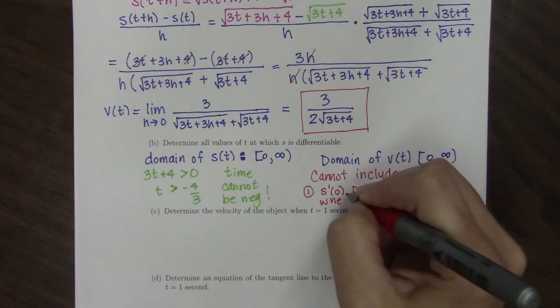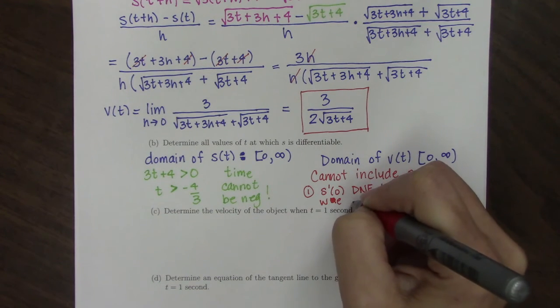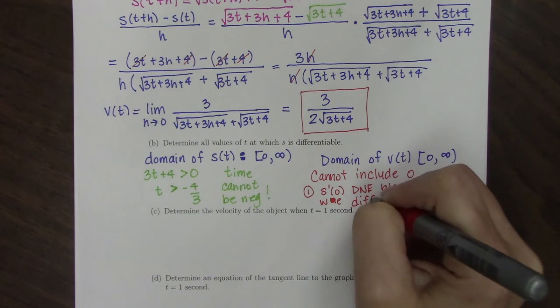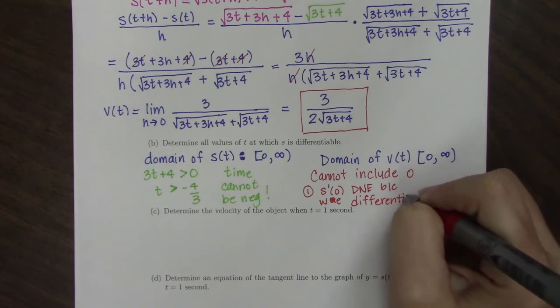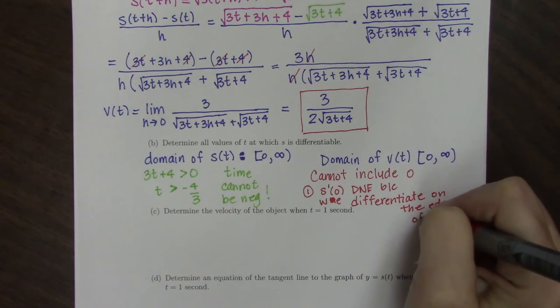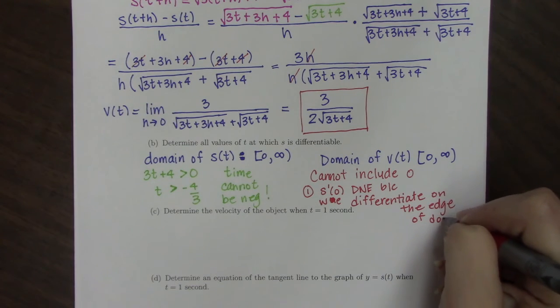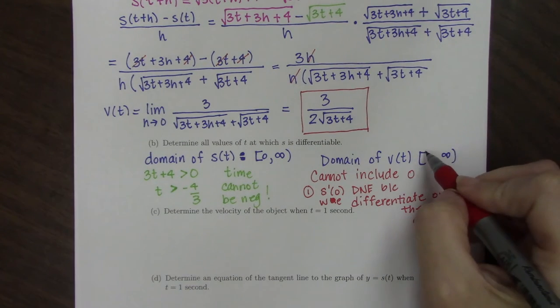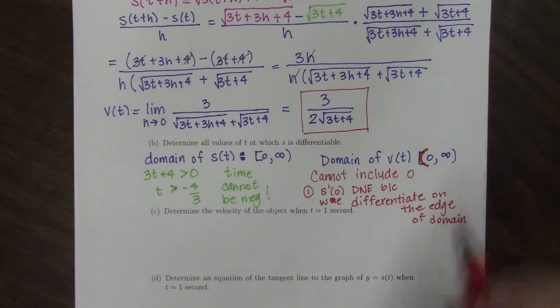So s prime of 0 would not exist because we can't differentiate on the edge of our domain. So we would not include that 0. You can't take the derivative or use the definition of the derivative at 0 here because you could only come at it from one side. There's nothing going on to the left of that value. So we wouldn't take the derivative at 0. We could take it everywhere to the right of 0.